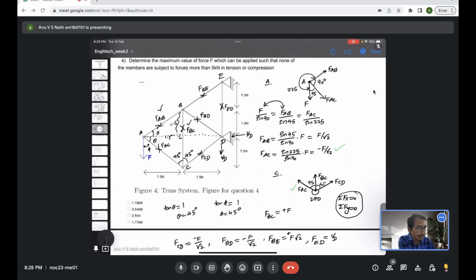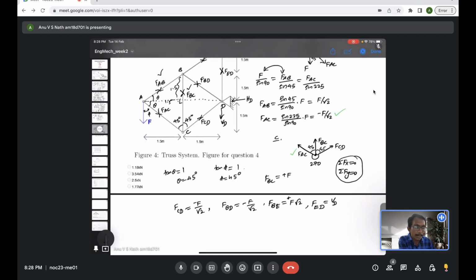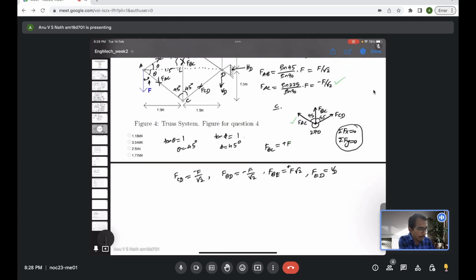You have a horizontal and a vertical reaction at E also. So you cannot evaluate FED that simply. But for all the remaining links, the maximum force is F root 2, and the minimum force is F by root 2 in terms of magnitude.